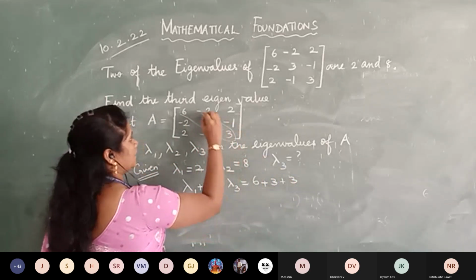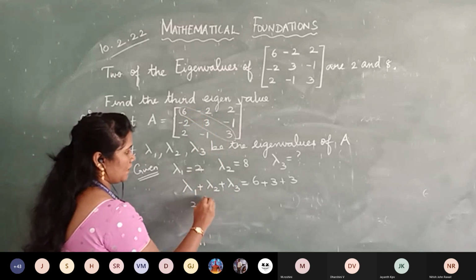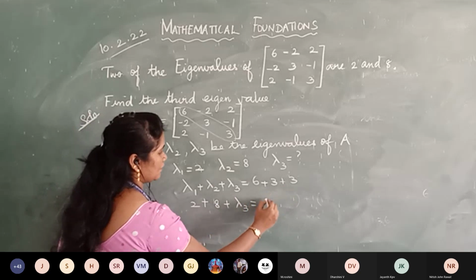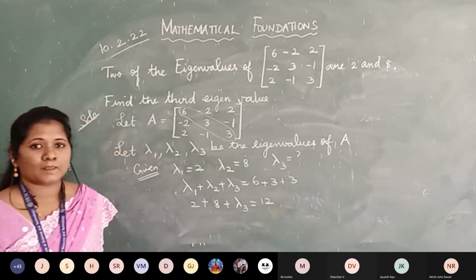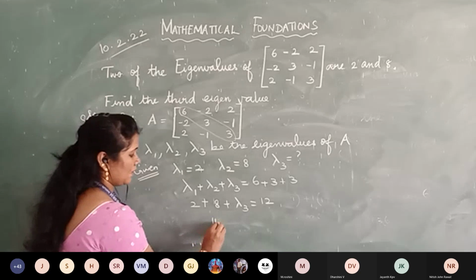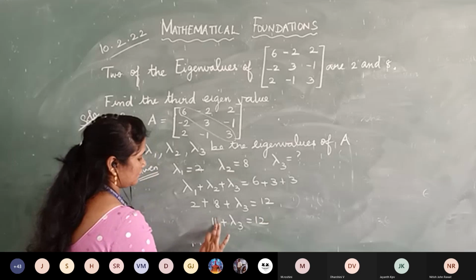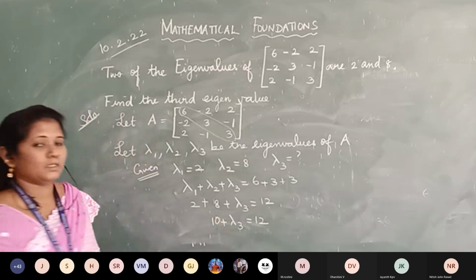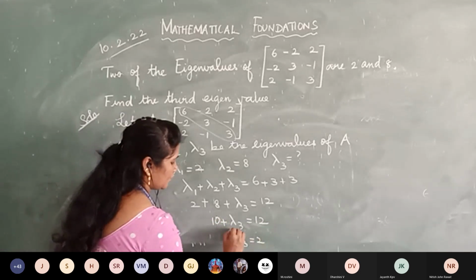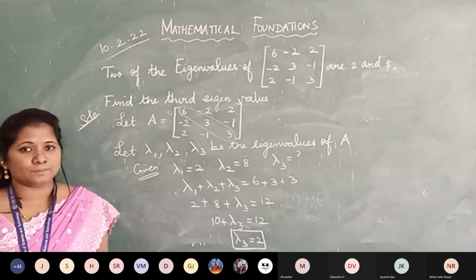So you know lambda 1 is 2, so 2 plus 8 plus lambda 3 equals 12. So 10 plus lambda 3 equals 12, and your lambda 3 is equal to 2. We found the third eigenvalue using the sum.